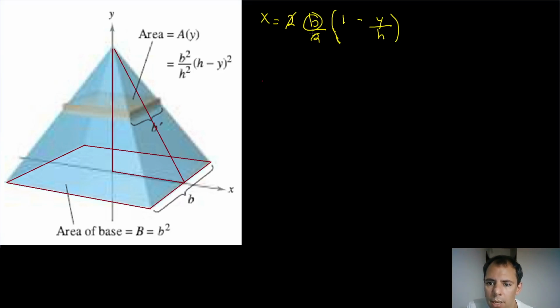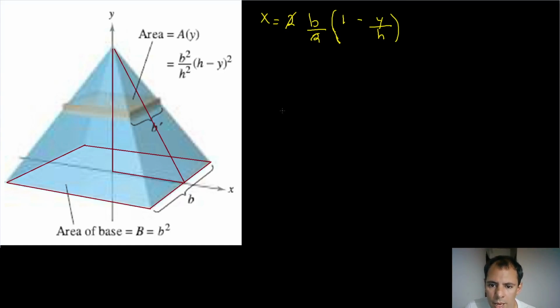Okay, what is b? b is the length of the side at the base of the pyramid. That's b. Well, it's already here on the picture what b is. Let me just erase this here. So b is the length of the side of the square at the base of the pyramid.